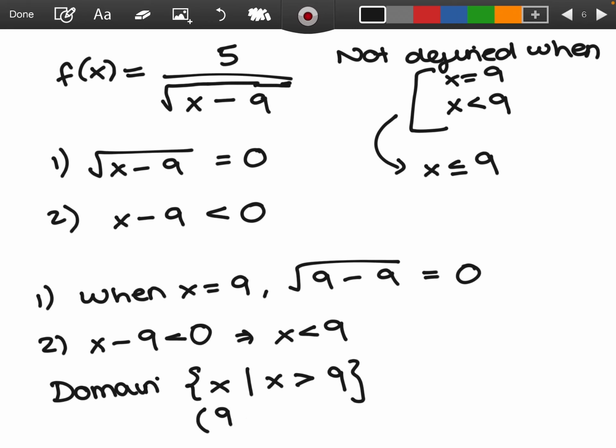Or you can write it in set notation, which would be 9 up to infinity, but not including either of those values. We do not include 9 because we know it is not defined at 9. So it is only defined when x is greater than 9.